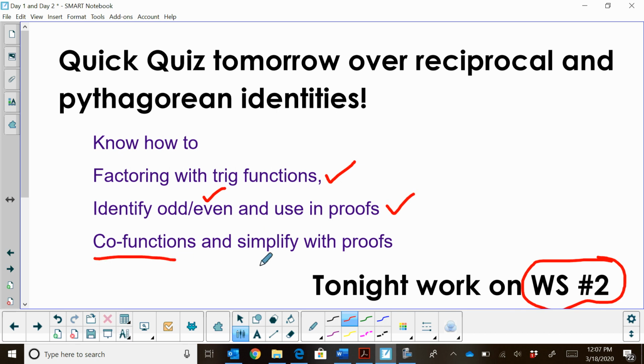And we need to understand co-functions, how sine and cosine are co-functions, secant, cosecant, tangent and cotangent, and then just simplifying those in proofs. So you can use those identities sometimes if you need to. So there we go. Worksheet 2 is what we're working on. Over factoring, odd evens, and a few more proofs.